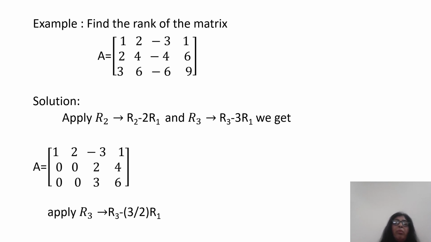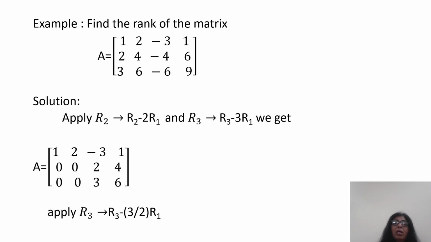R2 minus 2 times R1 gives 2 minus 2 times 2, which is 0. Then 4 minus 2 times 2, 0. Then minus 4 minus 2 times minus 3 gives you 2. Then 6 minus 2 times 1 gives you 4.